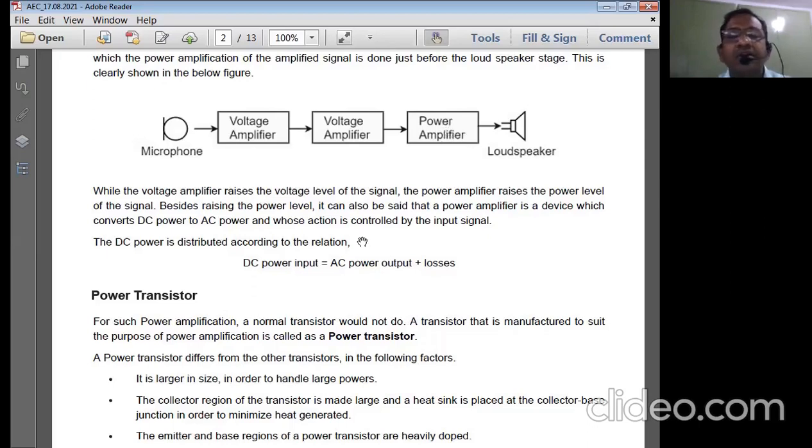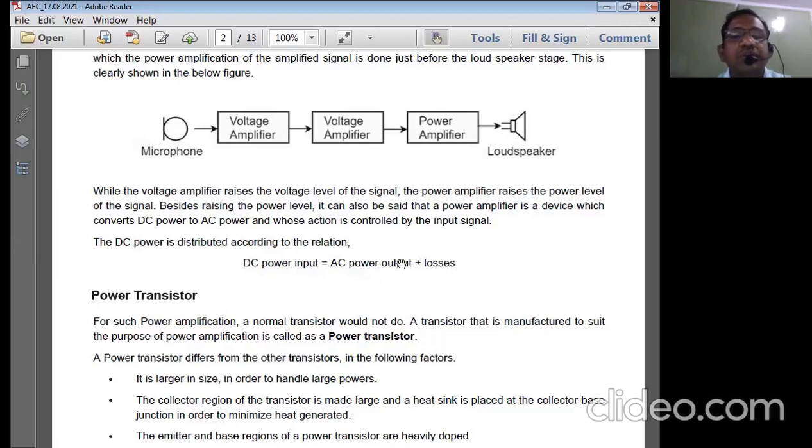Therefore, it comes under the DC to AC converter, and its action is controlled by the input voltage of the power amplifier circuit. So the DC power input is distributed into AC power output and also the losses in the circuit.